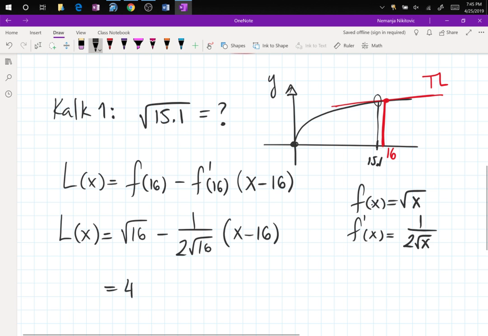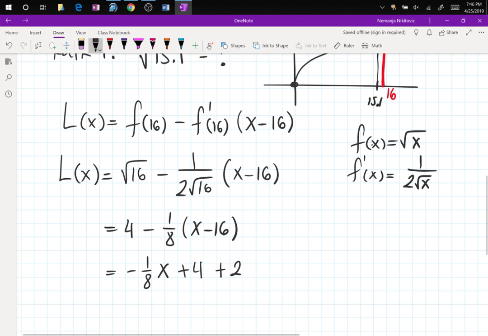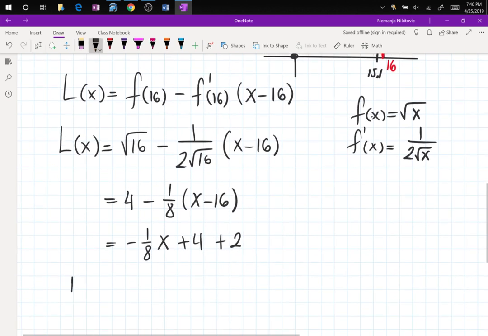This is 4 plus 1 over 8 times x minus 16. Distribute: 1 over 8 x, and then 16 over 8 is 2, so I have plus 4 plus 2. So L of x is equal to 1 over 8 x plus 6. Bueno?